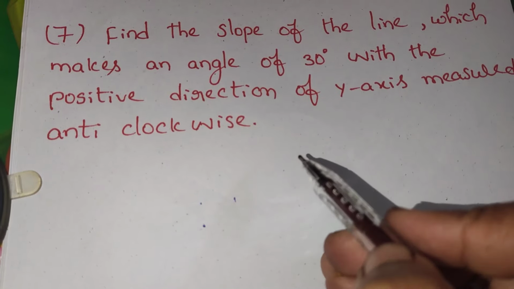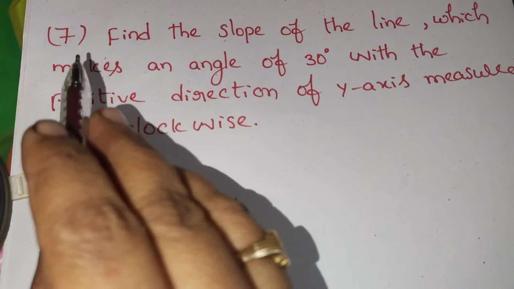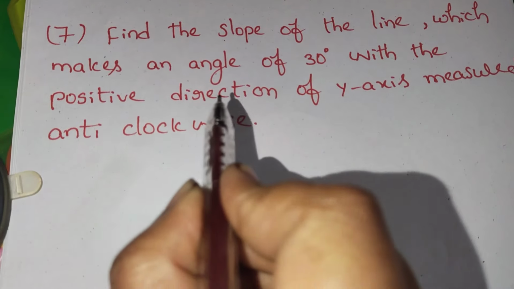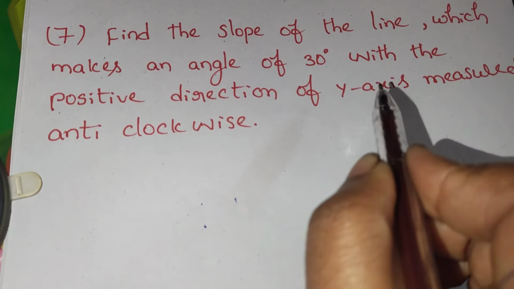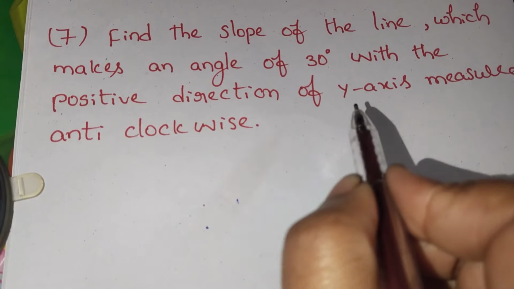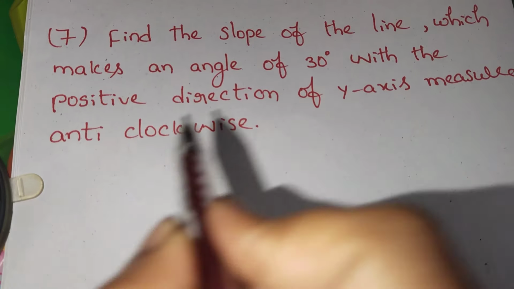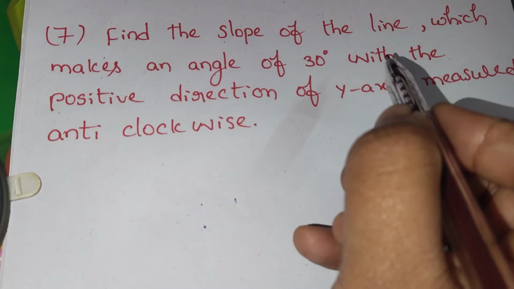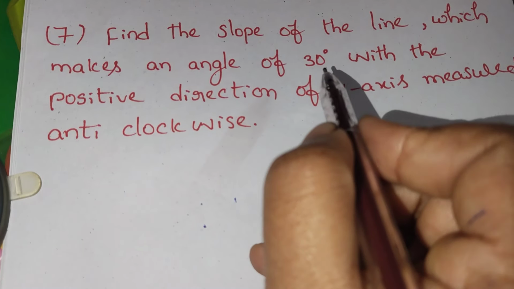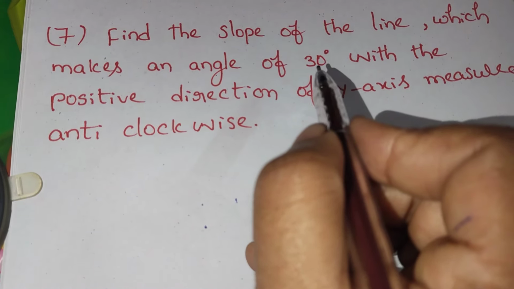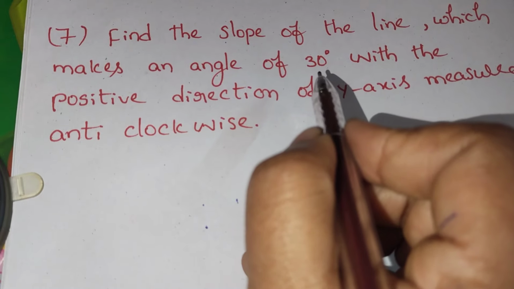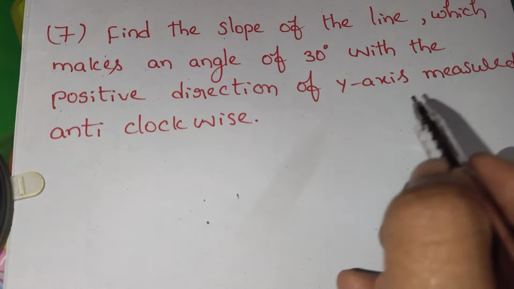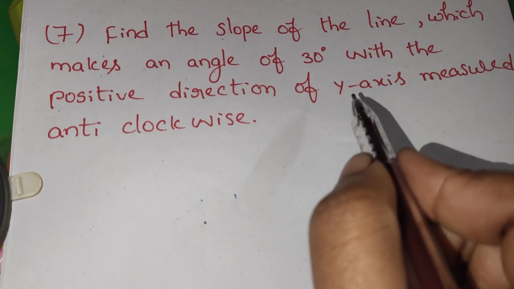The next important question is question number 7. Find the slope of the line which makes an angle of 30 degrees with the positive direction of the y-axis measured anticlockwise. So here we need to find the slope of the line. When we know the angle, we can find the slope of a line by using tan theta, but that is the inclination with respect to the x-axis, and here they provided the y-axis.